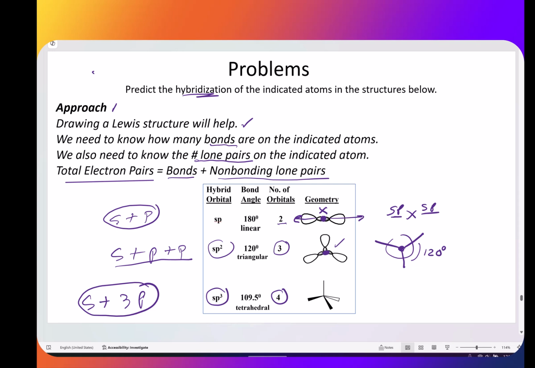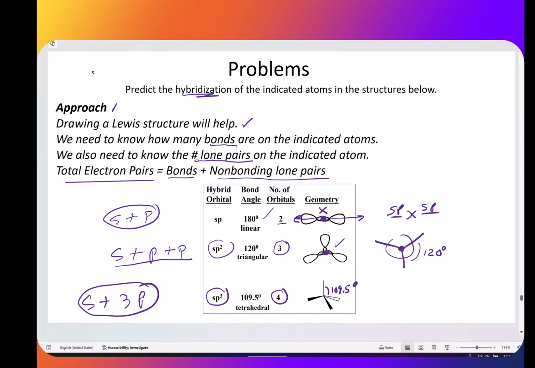In other words, this is called a tetrahedral configuration because if we actually join all these points together, we get a tetrahedron, which is a four-sided polyhedron. Now the bond angles for sp are linear, 180, for sp2, 120, and for sp3, a more complicated 3D configuration, each bond angle is 109.5 degrees.